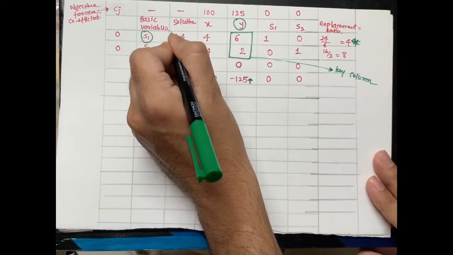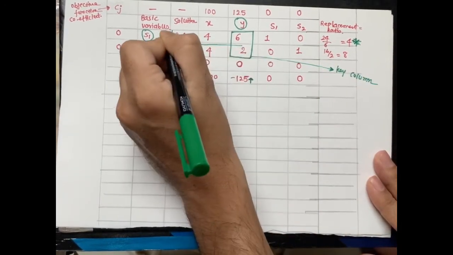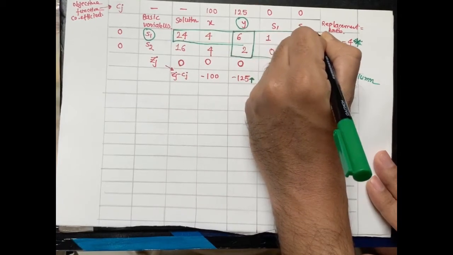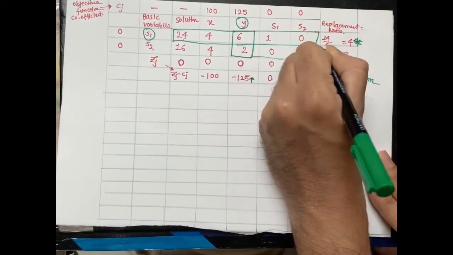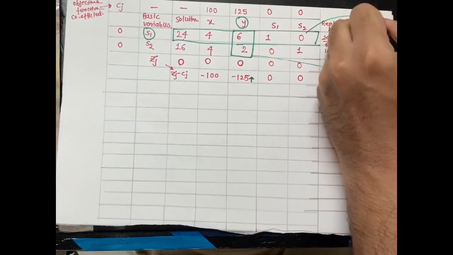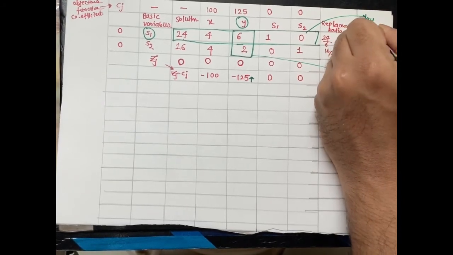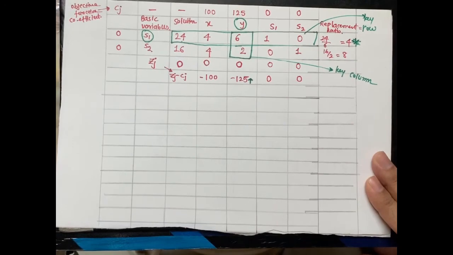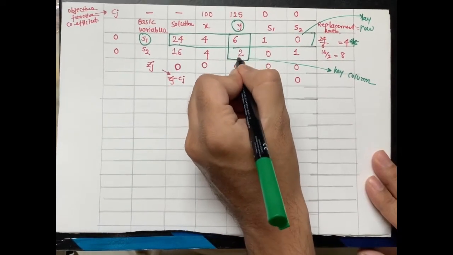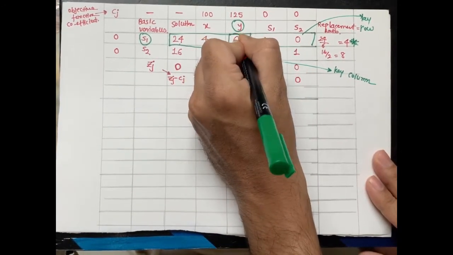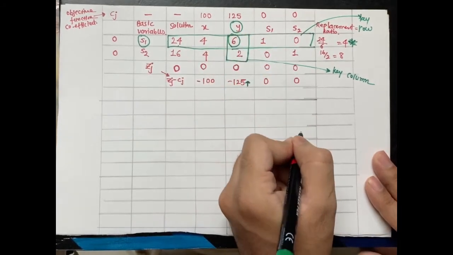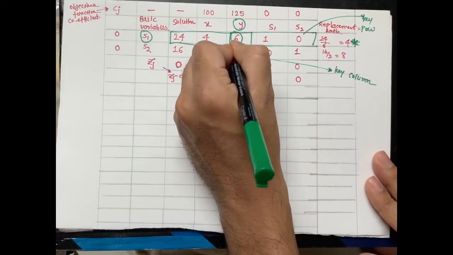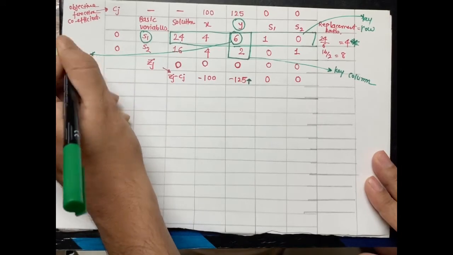And this entire row is referred to as my key row. Yes, key column and key row. Intersection of this key column and this key row, this cell is referred to as my key variable.